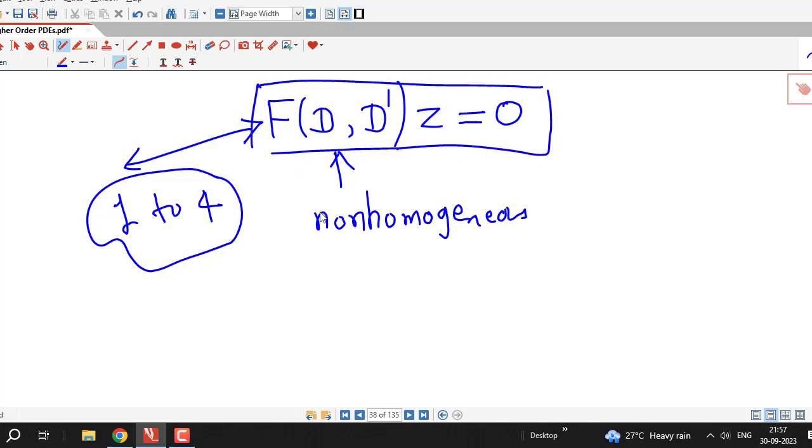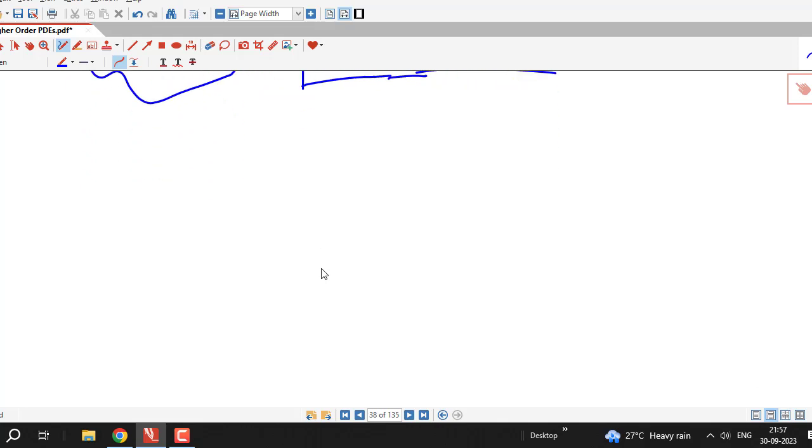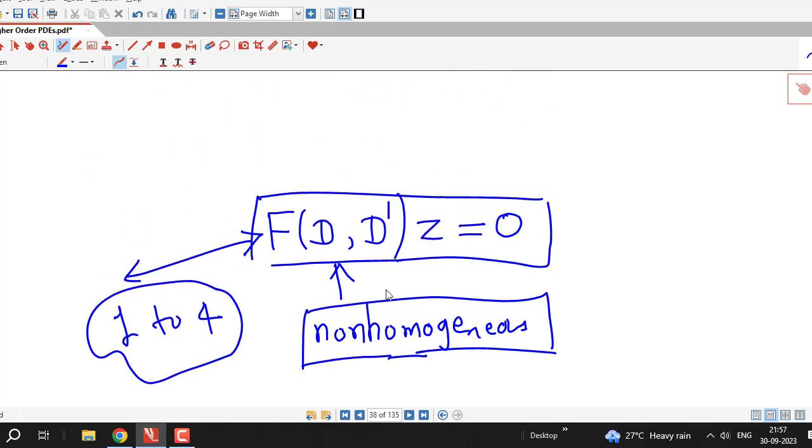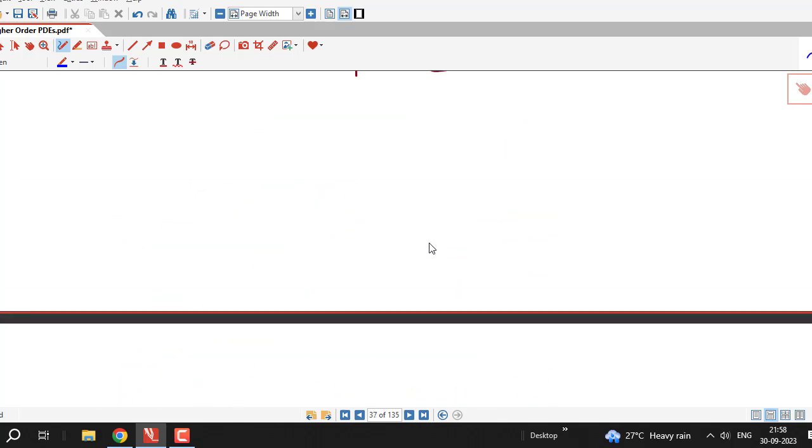And from lecture number 5 we are considering those problems in which F(D, D') is non-homogeneous and how to write down the general solution in this case. Now in upcoming lectures also we are going to discuss non-homogeneous F(D, D') and how to solve the partial differential equation with constant coefficients. And today this is enough.